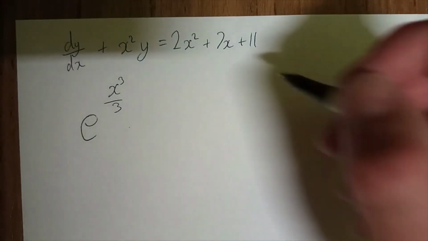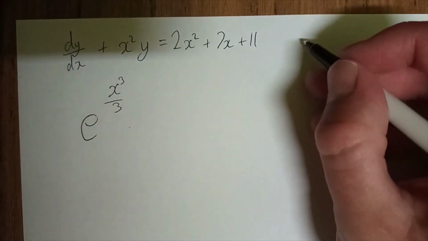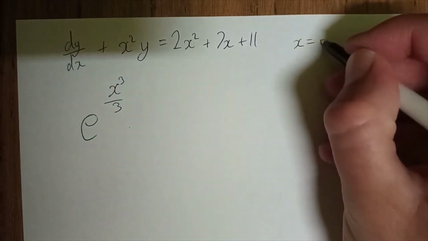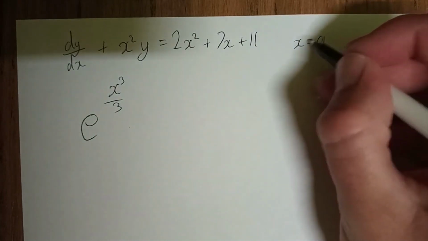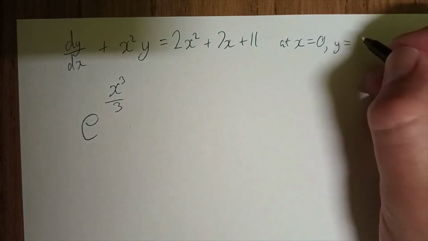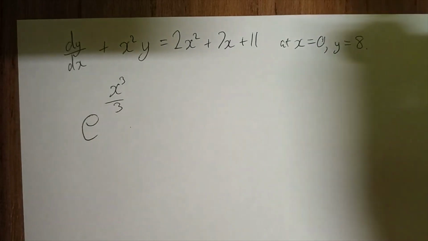I haven't given the initial condition in this initial value problem. So the initial condition will be at x equals 0, y equals 8. Okay.